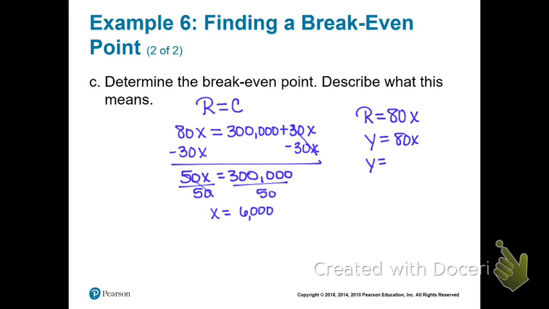And since we know x is 6,000, what is y? 480,000. Good. All right, so our break-even point is going to be 6,000, 480,000.